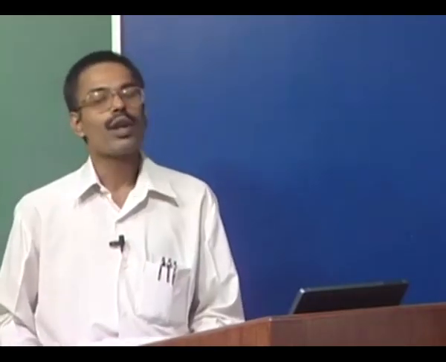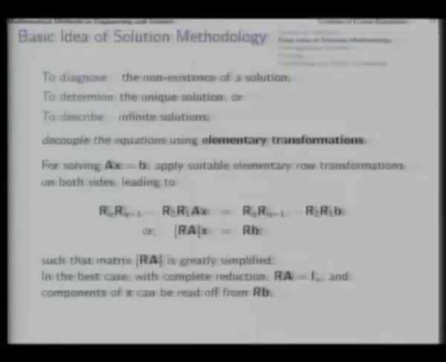What we do to solve or simplify this is take Ax equal to B and apply suitable elementary row transformations on both sides.